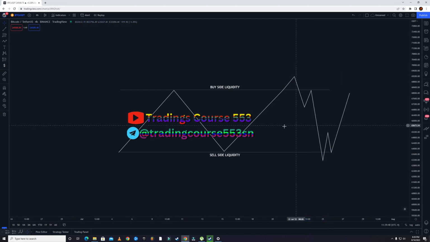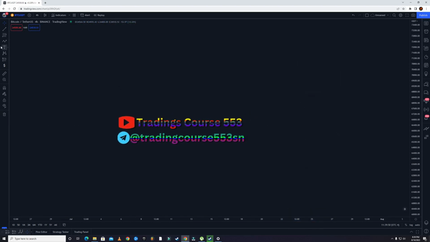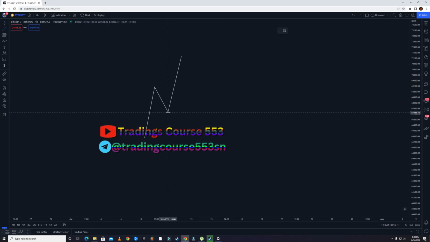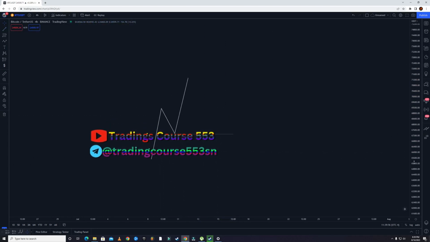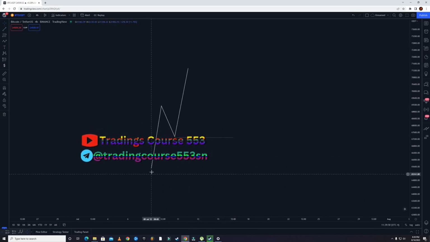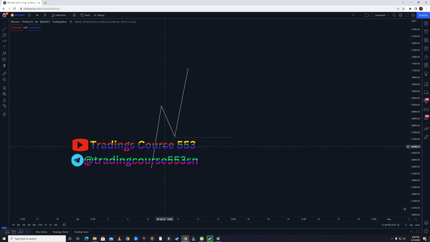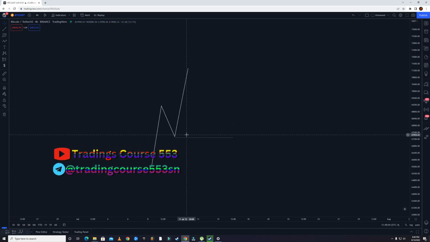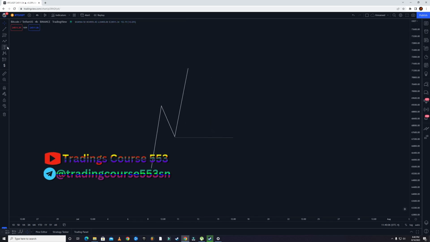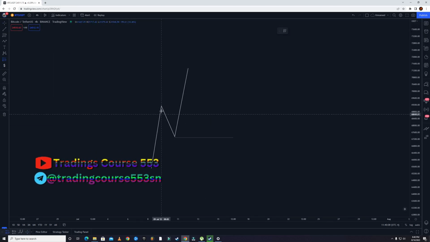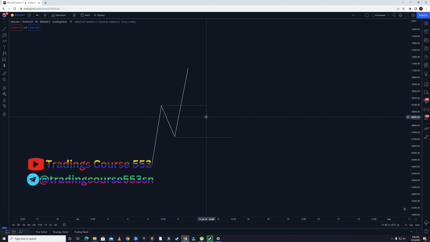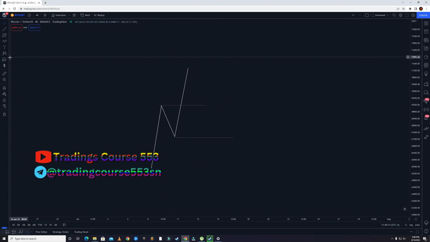Now, liquidity could be literally anywhere. It could be right here, this level. When we are in an uptrend, you can see the higher high and higher low. This higher low could be considered as liquidity as well, because people are going to buy at the breakout of this previous high.